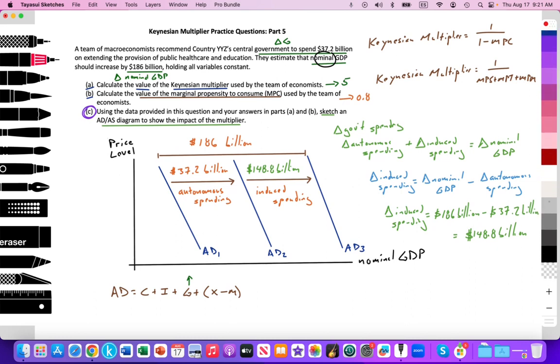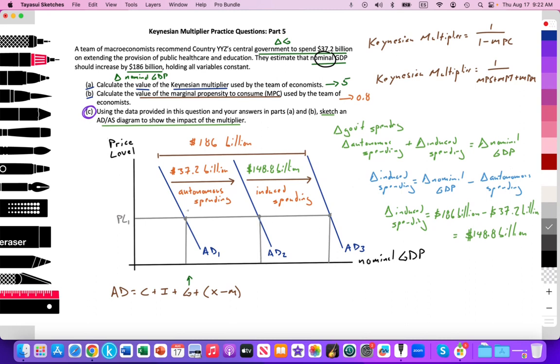One additional thing I can do, which can help you with analyzing the model if you're asked to do so, is to hold the price level constant so we see values of GDP on the x-axis. So I'm going to hold price level constant, PL1, and look at the intersection at AD1, AD2, AD3. Label those points.